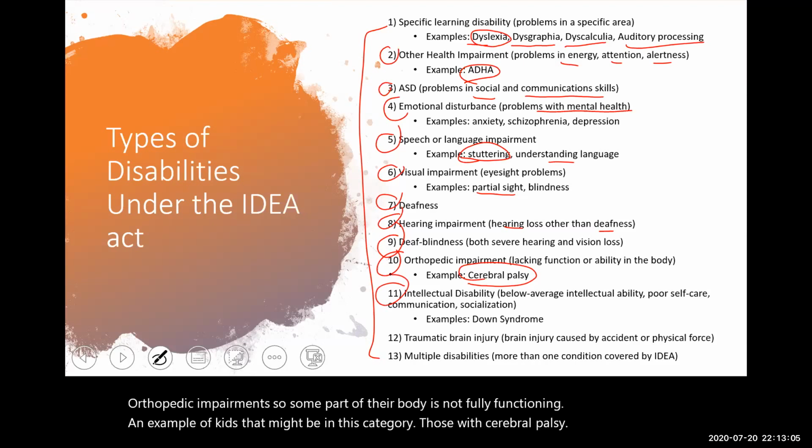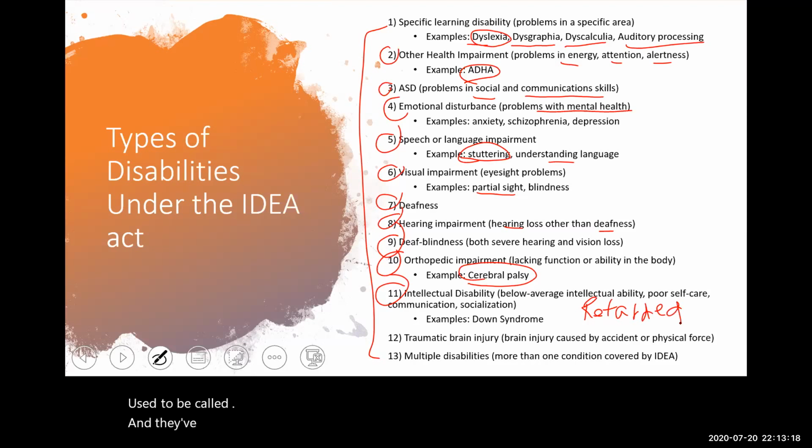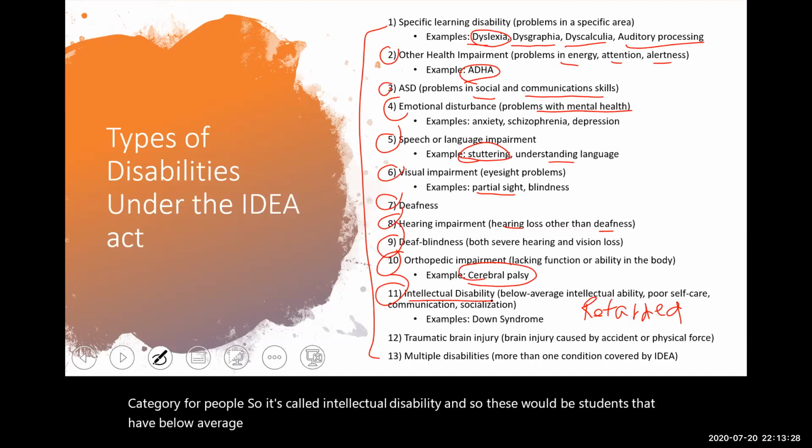Another category is intellectual disability. This is the category of people that used to be called retarded, and they've since rephrased that category for people. So now it's called intellectual disability. And so these would be students that have below average intellectual ability.